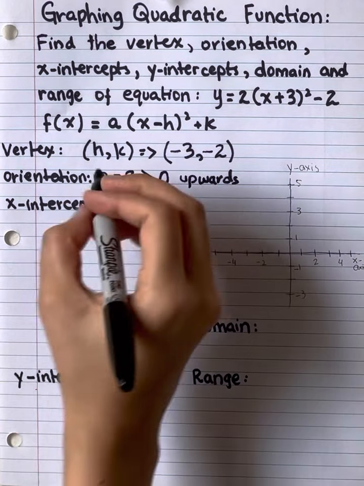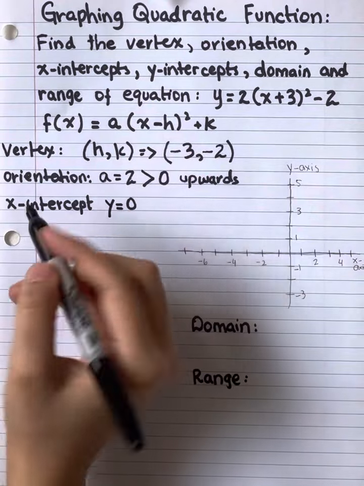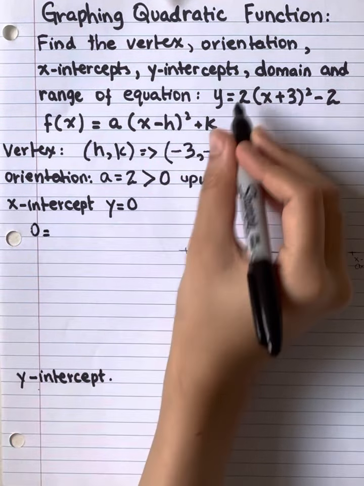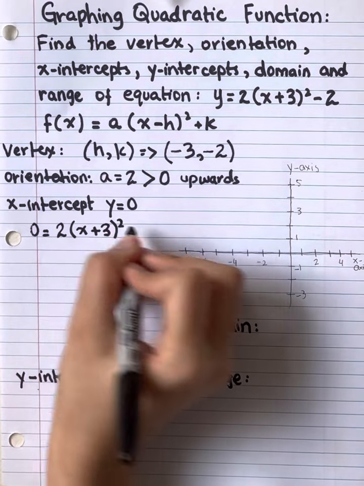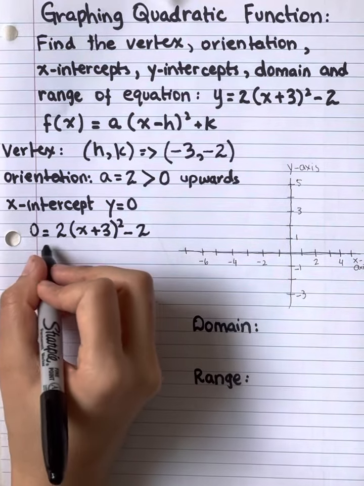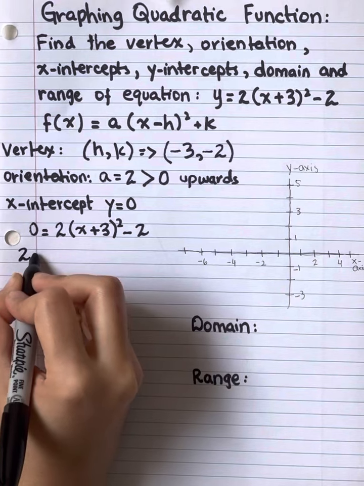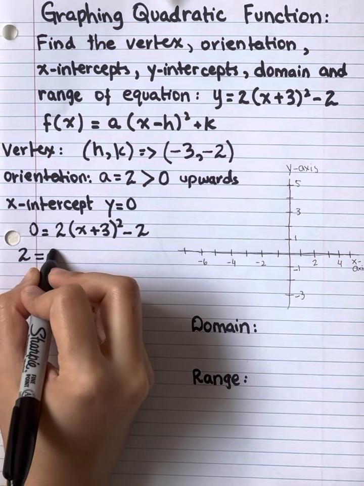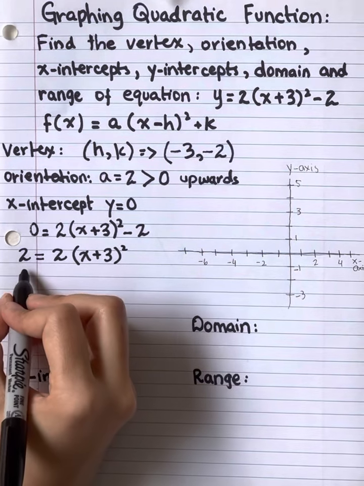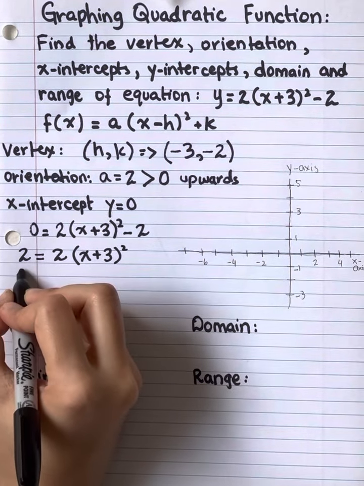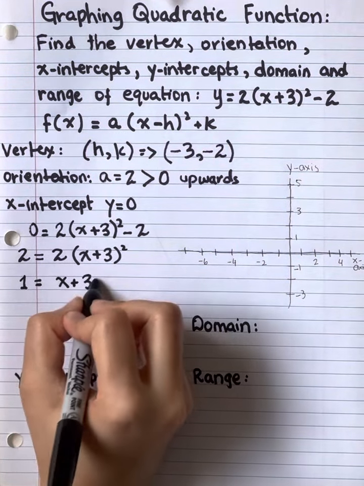Now the x-intercept. How can we find our x-intercept? We set y to 0 in this equation. So 0 is equal to 2(x + 3) squared minus 2. Add 2 on both sides: 2 is equal to 2(x + 3) squared. Divide by 2 on both sides, so we're left with 1 is equal to (x + 3) squared.